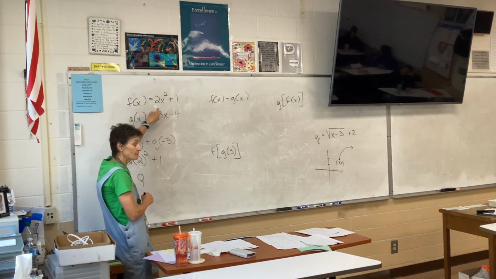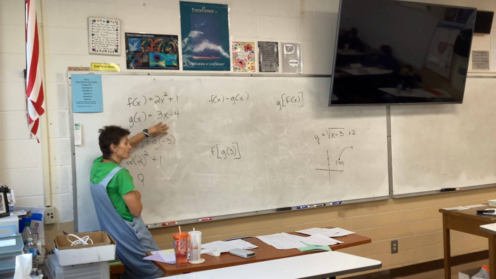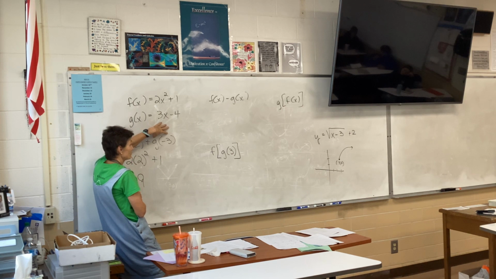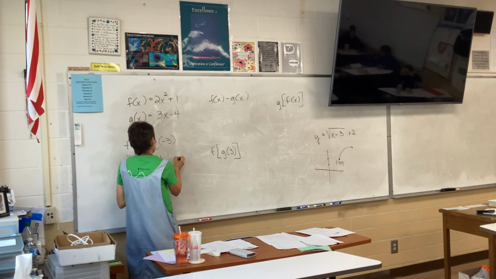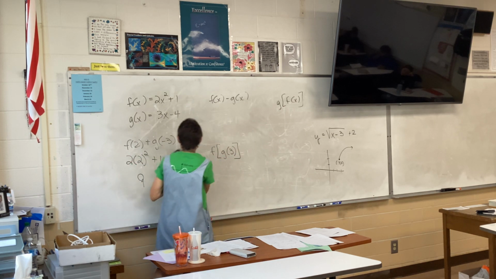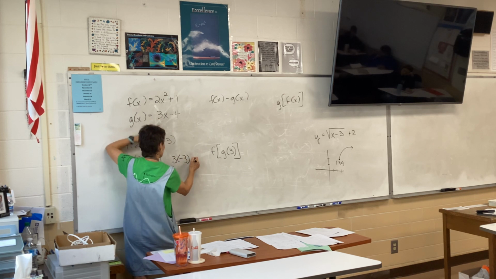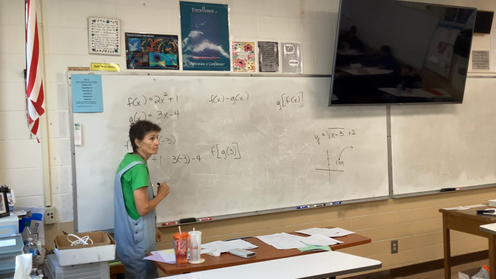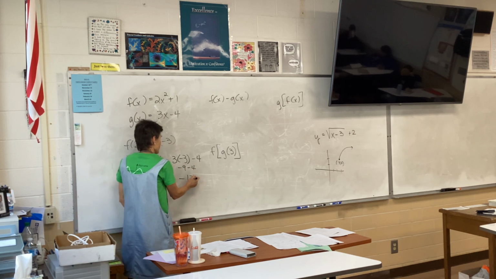Or PEMDAS. All right, how about g of negative 3? What happens there? Negative 3 into g. So g of negative 3 would be 3 times negative 3 minus 4. Negative 9 minus 4, negative 13.